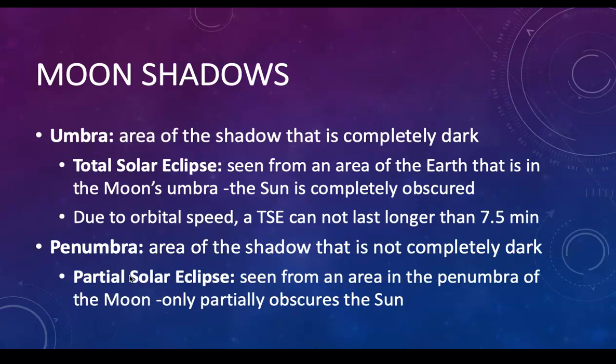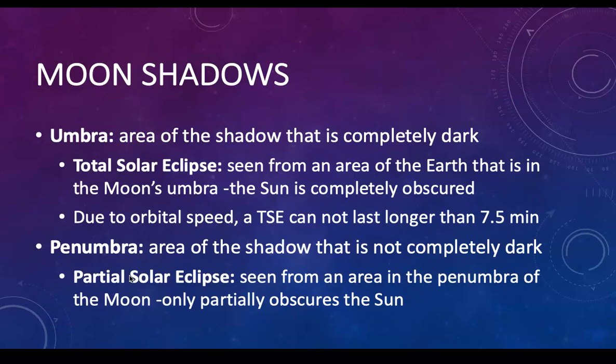All right. Umbra. Penumbra. The penumbra is the area around the umbra. I've been trying to think of a good visualization for this, and I really haven't come up with one.